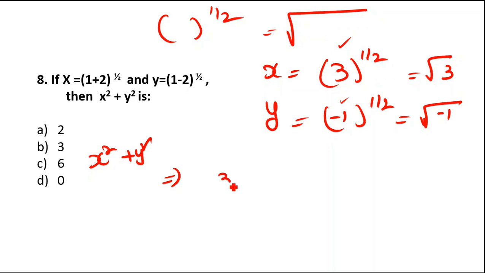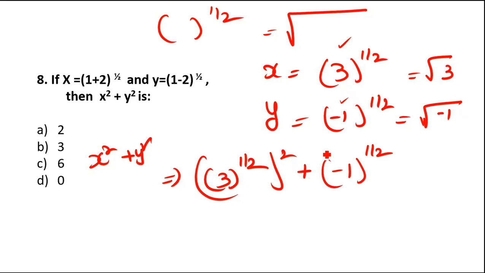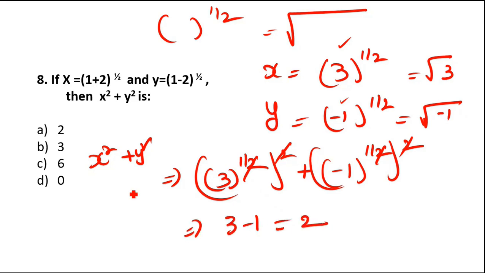X square is nothing but 3 whole power 1 by 2 whole square plus y square, where y is minus 1 whole power 1 by 2, or otherwise under root minus 1. So minus 1 whole power 1 by 2 whole square. These values will get cancelled off and you will have 3 minus 1, that is equal to 2. Option A, 2 is the answer.